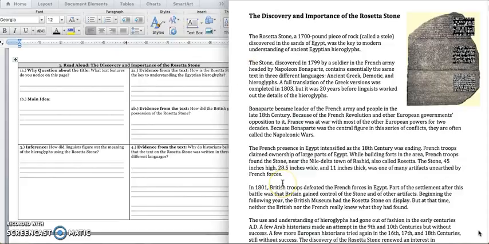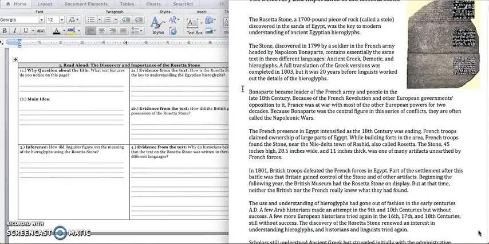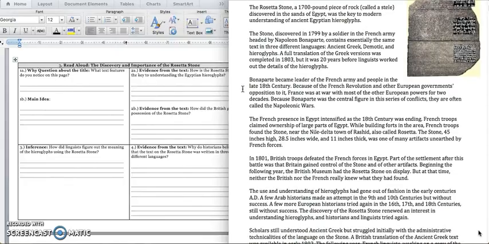The stone discovered in 1799 by a soldier in the French army headed by Napoleon Bonaparte contains essentially the same text in three different languages: Ancient Greek, Demotic, and hieroglyphs. A full translation of the Greek versions was completed in 1803, but it was 20 years before linguists worked out the details of the hieroglyphs.